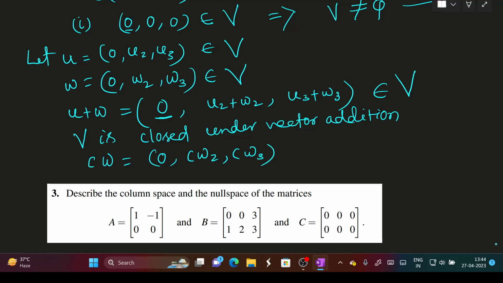That is, any arbitrary scalar multiple of any vector W is an element of V again, because its first component is also 0. So this implies V is closed under scalar multiplication.